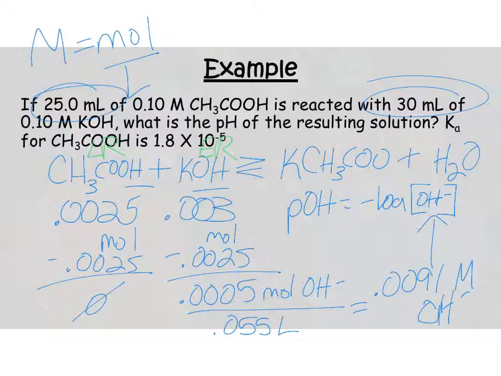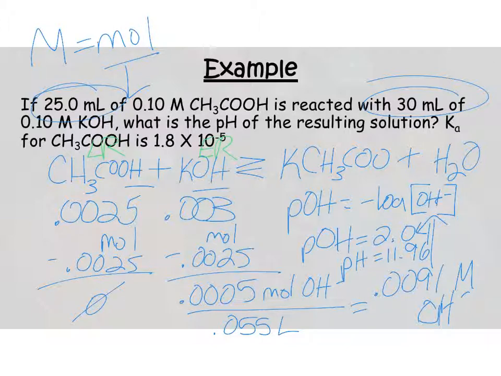So I'm just plugging that number in. All right, so for pOH, for this one, I got 2.04. And then 14 minus the pOH gives us the pH, which is 11.96.